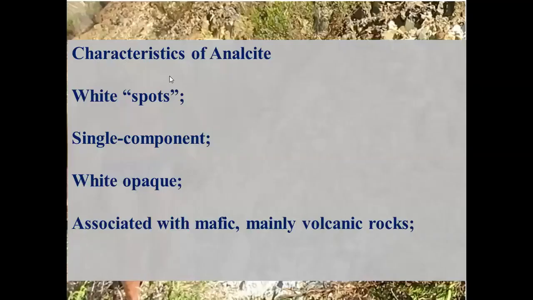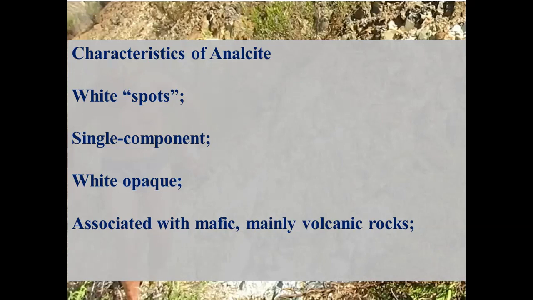So what are the characteristics of this analcite? Well, white spots, single component, that's the differentiator between the pseudoleucite that we saw just now and analcite. It's white and opaque, and sometimes it's becoming subhedral; you do get good crystals, but they're not formed, generally speaking, under normal modes of formation, i.e. crystallization of igneous rocks.